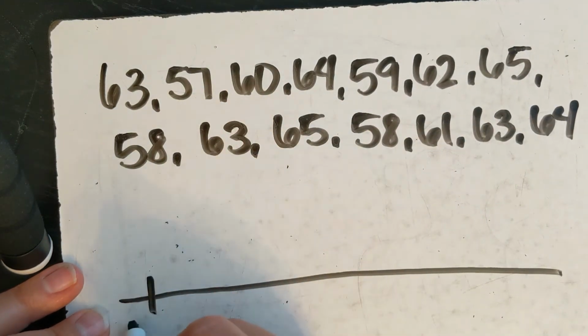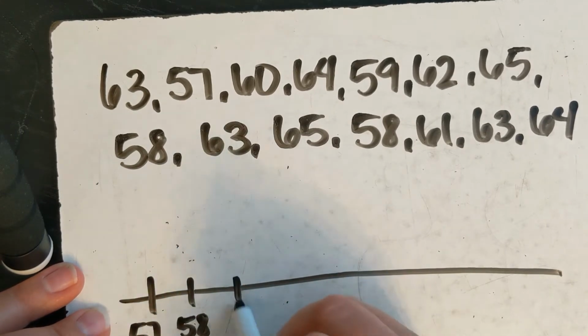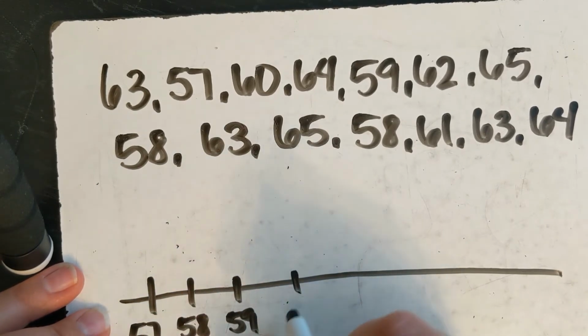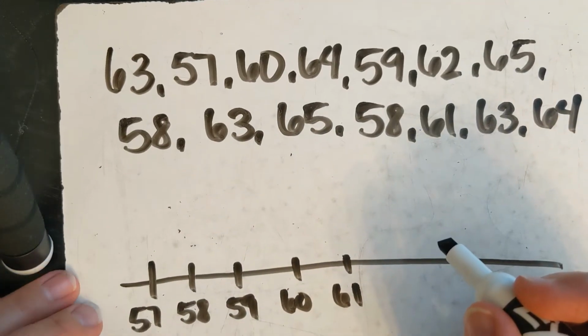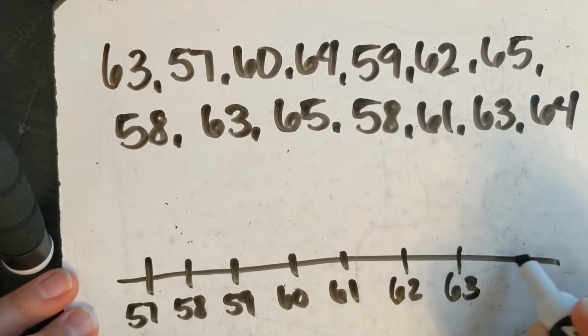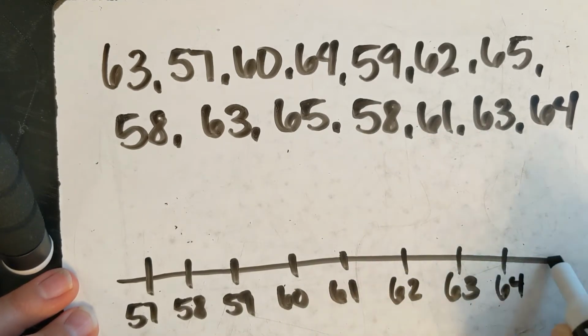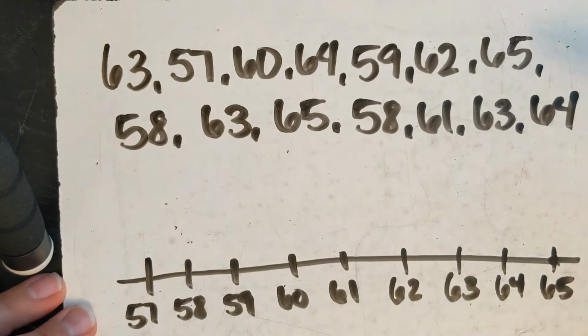I'll start there: 57, 58, 59, 60, 61, 62, 63, 64, 65.